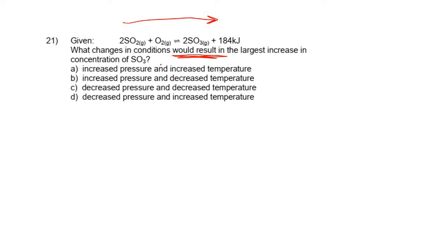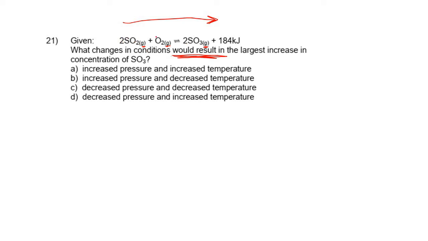Increasing the pressure. So remember how pressure works. Pressure, you want to always go in the direction that's going to reduce the change. So if I increase the pressure, I want to go to the side with less gas particles because I'm going to get less collisions, and that's going to bring the pressure back down, reduce the change. So you got to count your gas particles. So anything with G's is what we're looking at. We don't care about anything that doesn't have a G there.